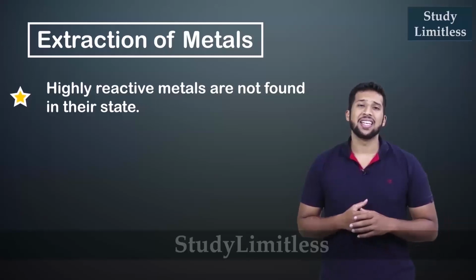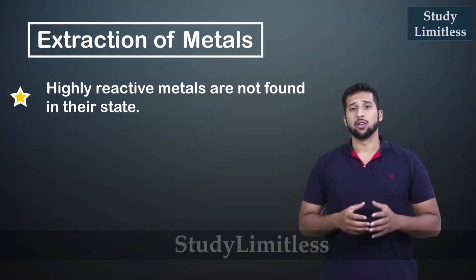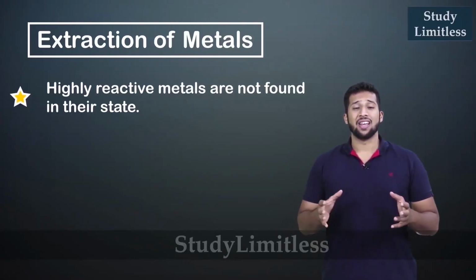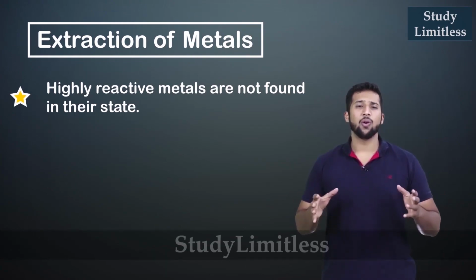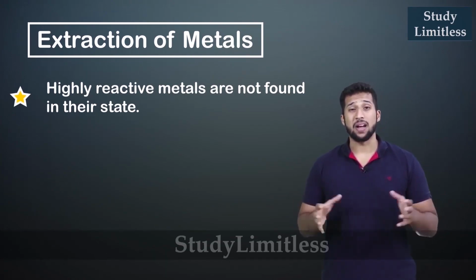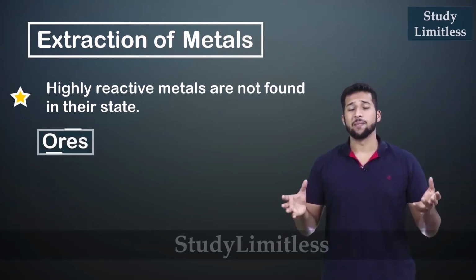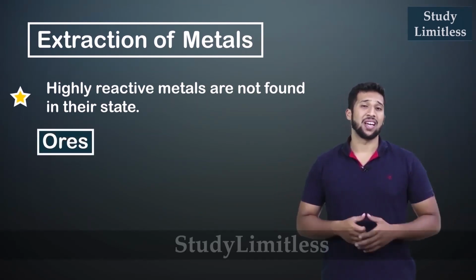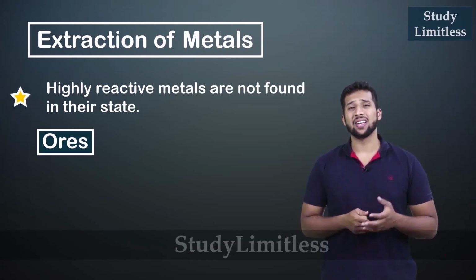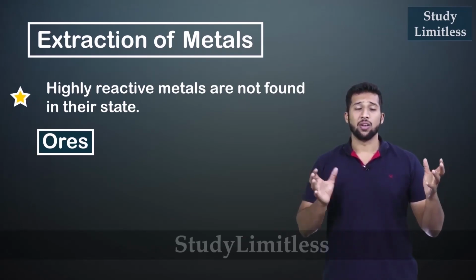Now, when you talk about the highly reactive metals, you do not find them in nature in their free state. You would always find them in a compound. These compounds are known as ores. They may be either sulfides or oxides, but for the highly reactive metals you usually only have oxides.